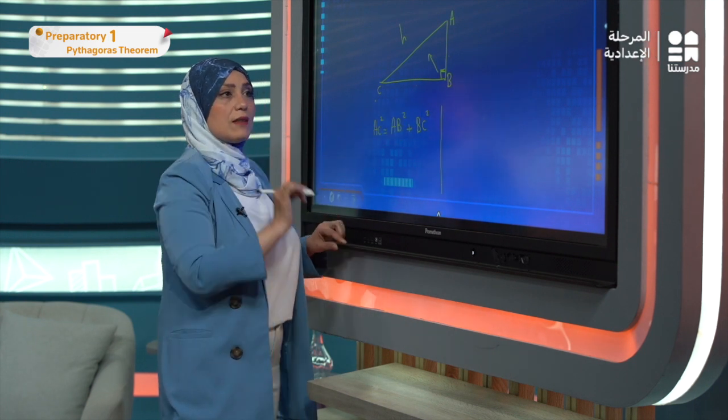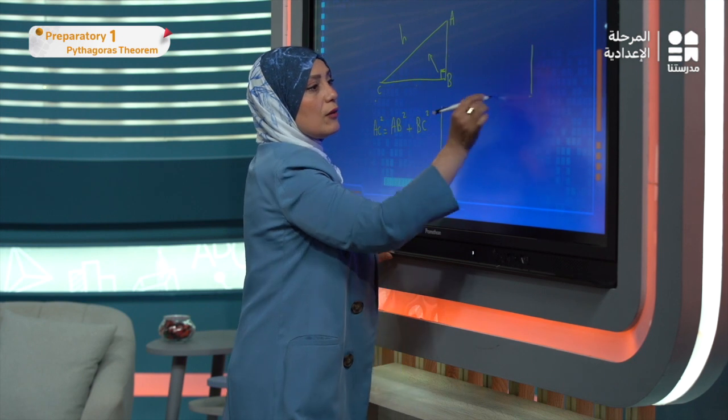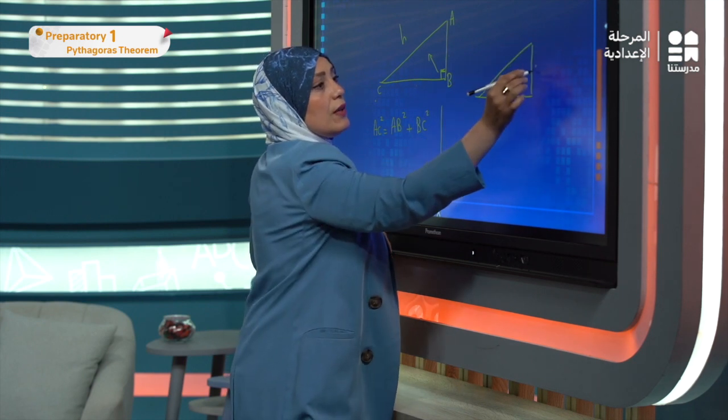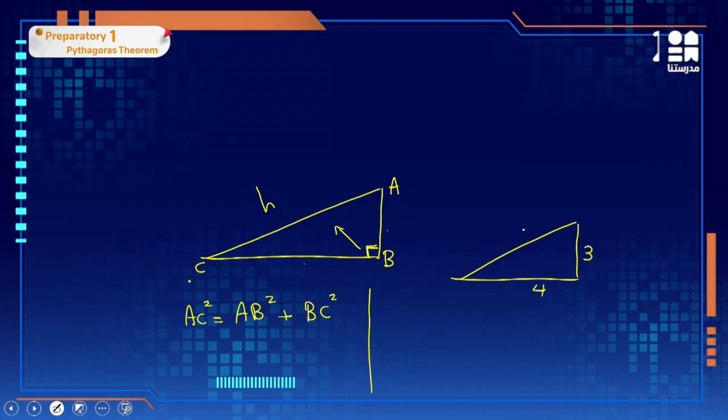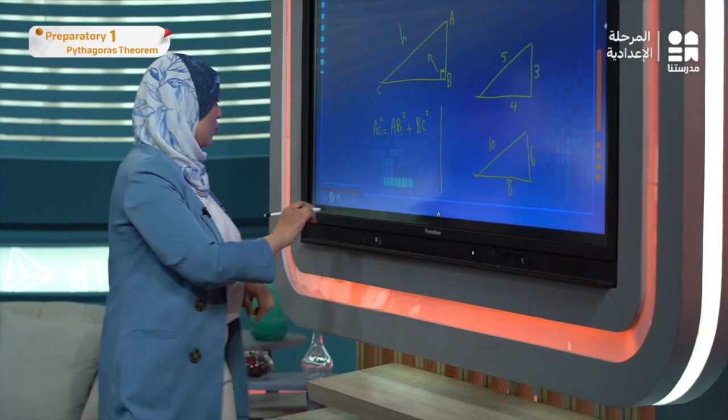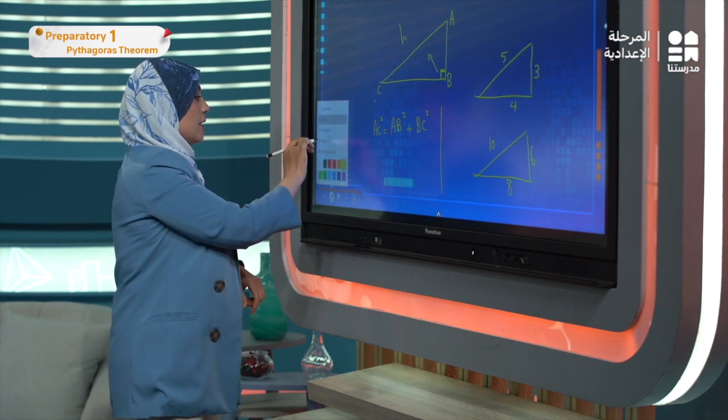Okay, and we said the most common triangles are 3, 4, and the hypotenuse is 5. Keep it in mind. And the second one is 6, 8, and 10 centimeters. To be sure, I'm going to erase this 10 and let's evaluate it.